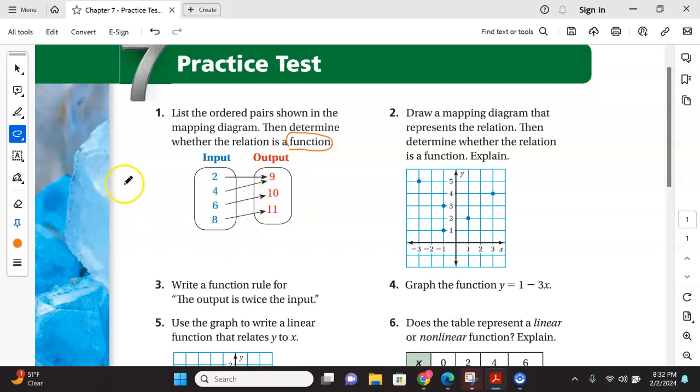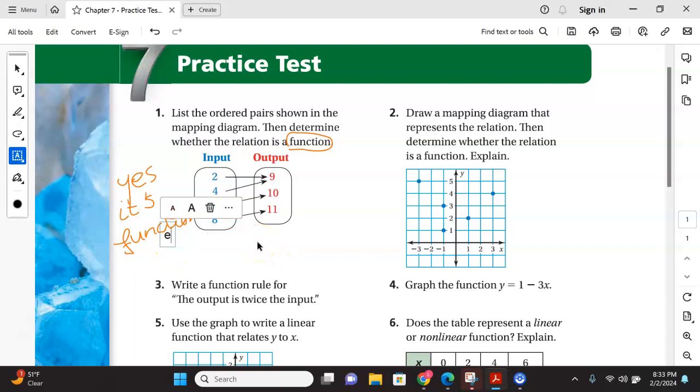So yes, it is a function, because for every input, it pairs with exactly one output. That's the key term, exactly one output.